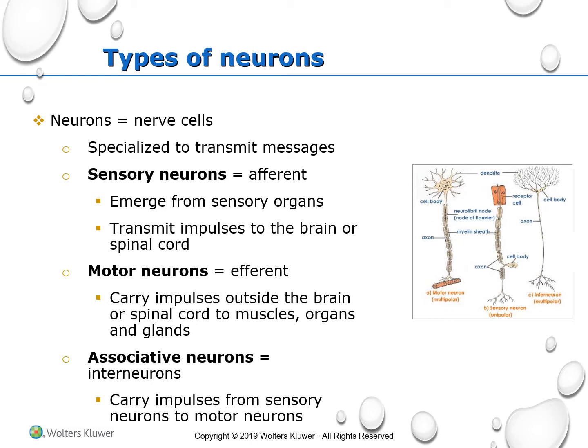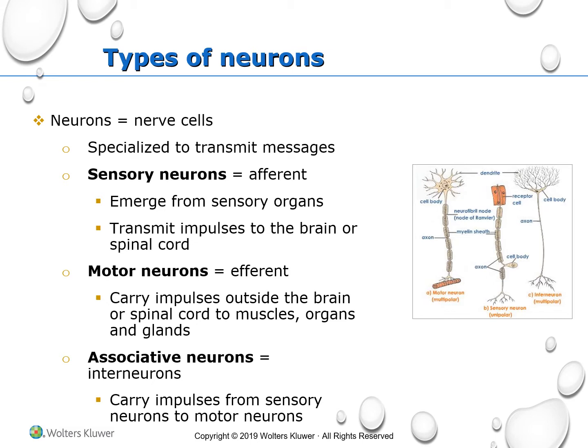We have another type of neurons called motor neurons, also called efferent. Pay attention, it starts with an E: efferent, like effector. Efferent neurons carry impulses from the central nervous system to muscles and glands, which are the effectors, and they produce a response to a stimulus that was received before.